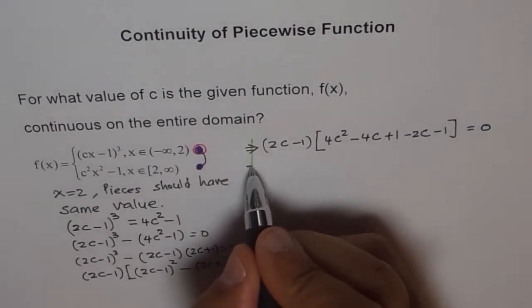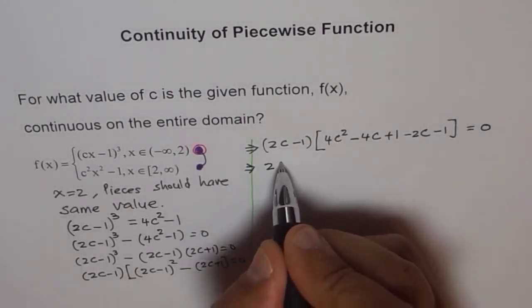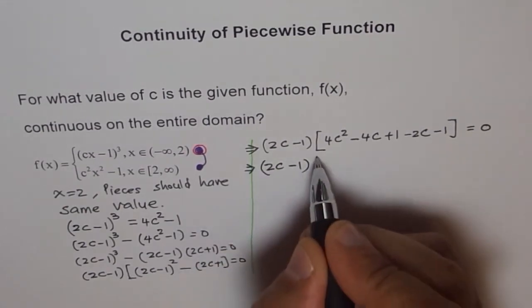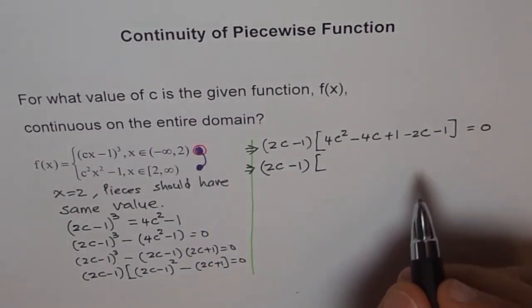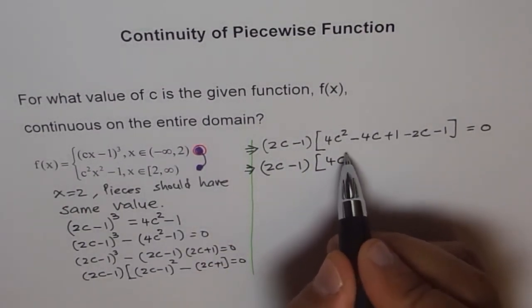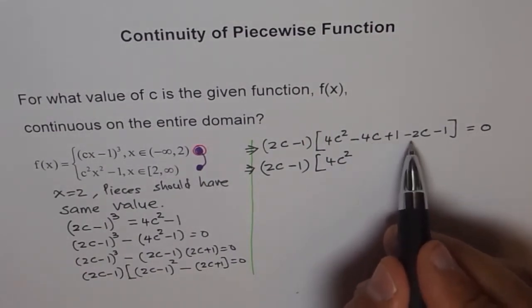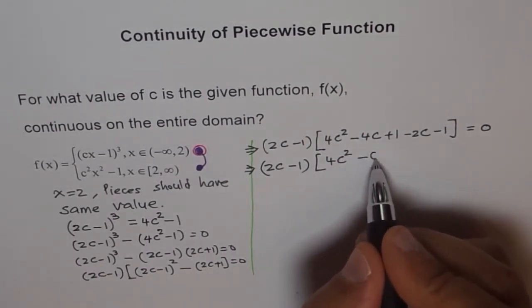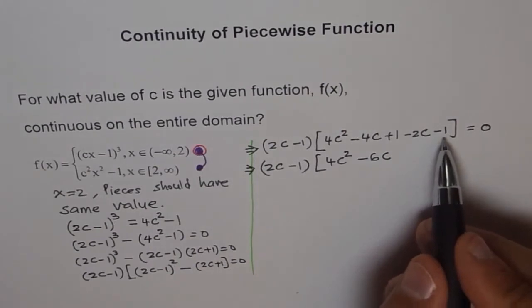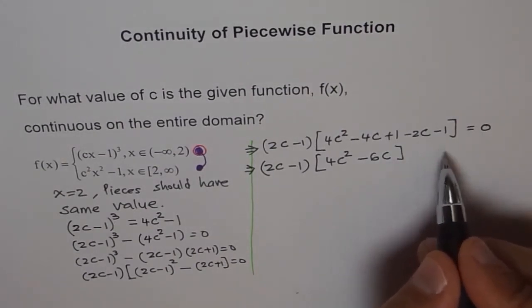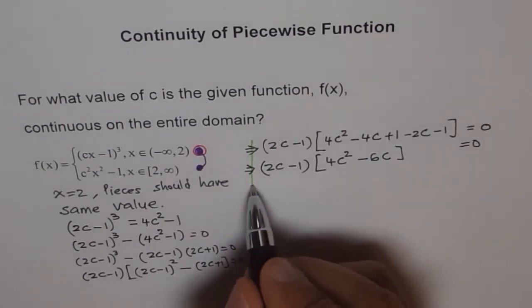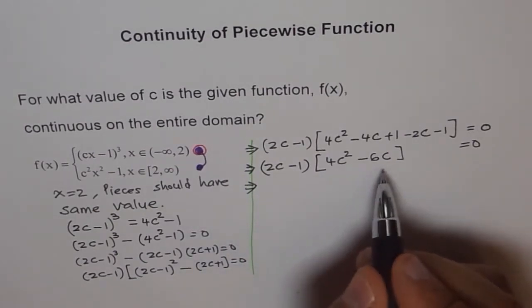Now again, this implies that we have 2c − 1, and here we combine the like terms. So we have 4c², and minus 4c and minus 2c makes it minus 6c, and plus 1 and minus 1 makes it 0, right? So we have this equal to 0, correct? Now here we can factor this further.